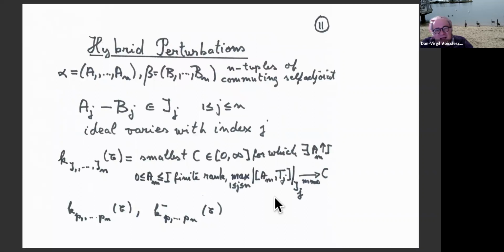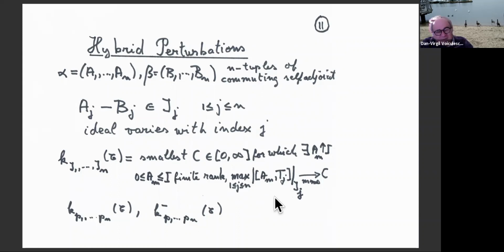Now, about hybrid perturbations. Hybrid is another situation where I have alpha and beta, two n-tuples of commuting self-adjoint operators, and now the perturbation is not in a particular ideal, the same all the time. Namely, for each index j there is a different ideal.